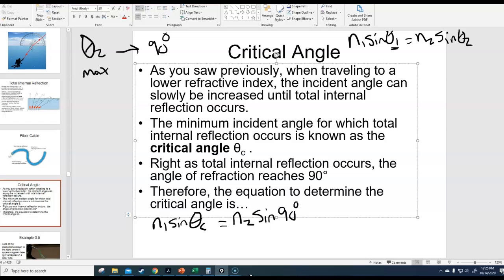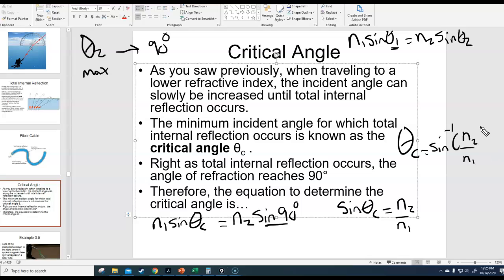Sine of 90 degrees is 1, so it basically doesn't matter. So we have sine theta c equals n2 over n1, and so theta c, the critical angle, is the inverse sine of n2 divided by n1. That is an expression that lets you calculate the critical angle.